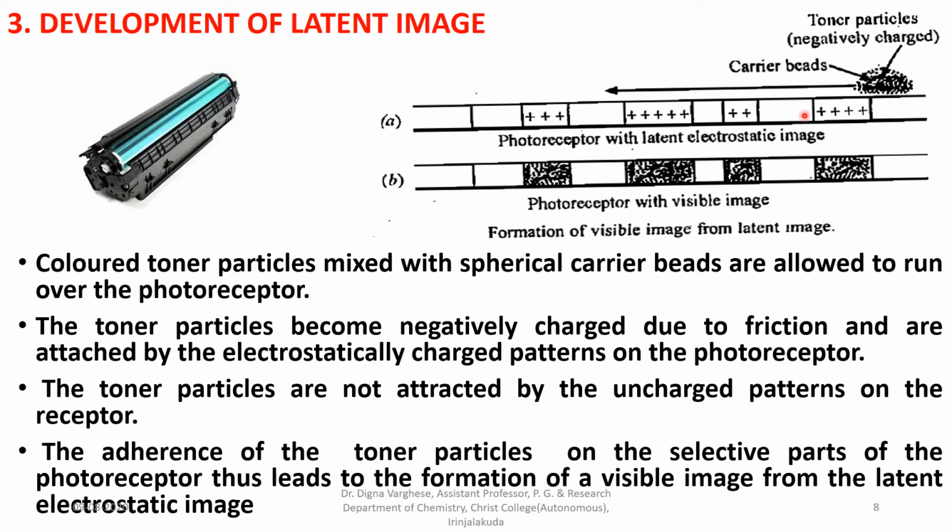The image is developed as the toner distributes itself over the electrostatic image. The toner is negatively charged and is attracted only by the oppositely charged regions, and is unaffected by, or not attracted to, the uncharged patterns. So we get a visible image exactly as the document contains.